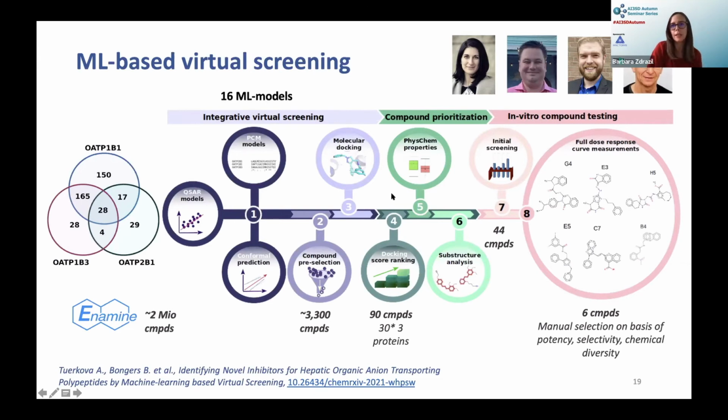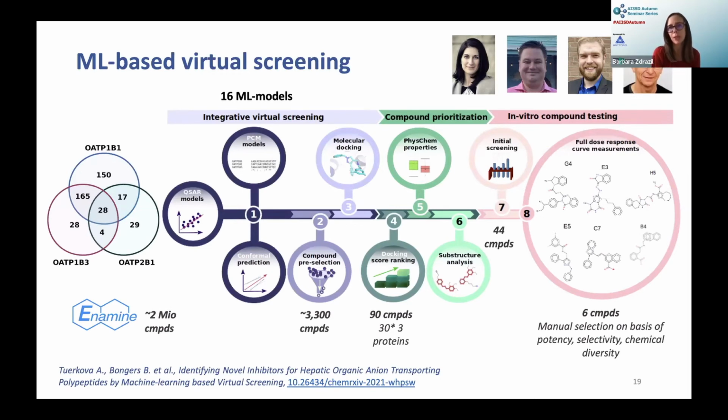What we did here: collecting the data from our earlier studies for OATP-1B1, 1B3, and 2B1 ligands, we now built more fancy machine learning models than we did beforehand. We also used proteochemometric descriptors, and we used boosting and, on the other hand, conformal prediction to account for the imbalanced nature of the data sets.